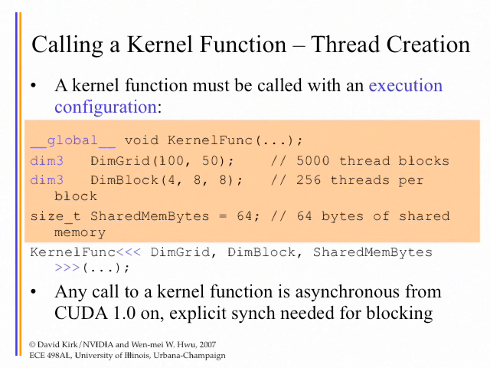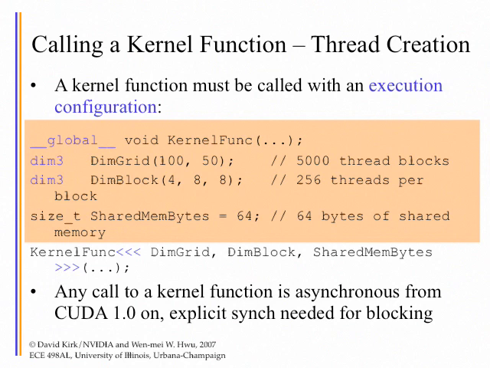I'll have 100 by 50 blocks in my organization. And then each block is 3 dimensions. I'll have 4 by 8 by 8. So each block is a 3-dimensional collection of threads, and that gives me 256 total.